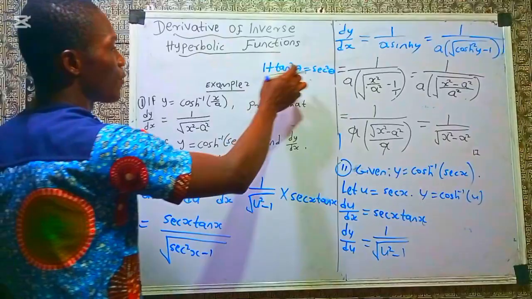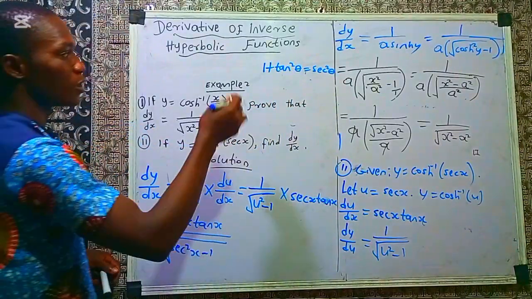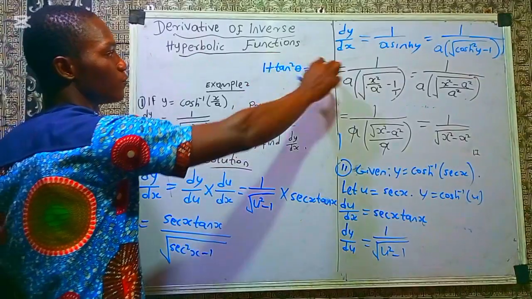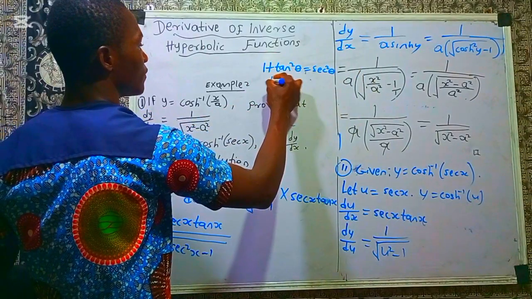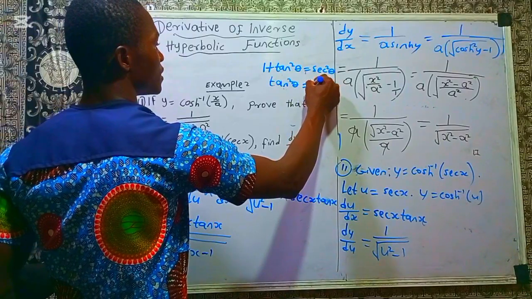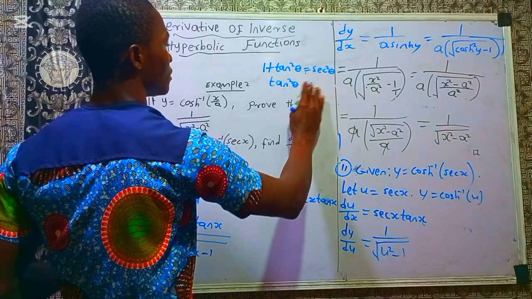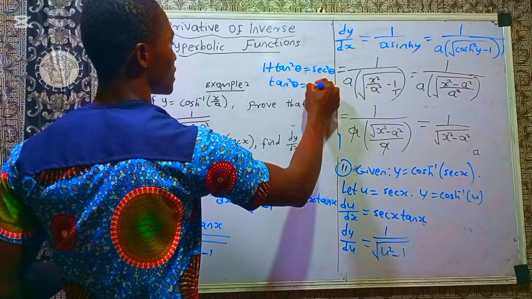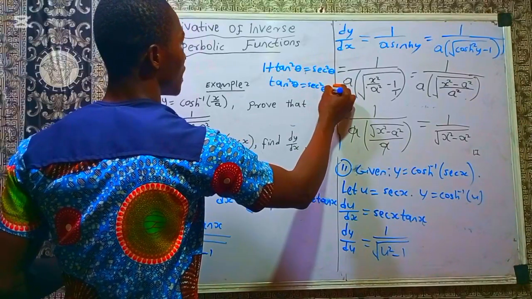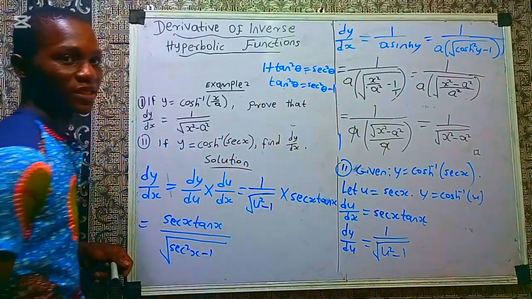For me to get it, I'll just move this positive 1 to the right. So tan squared theta will be equal to sec squared theta minus 1.